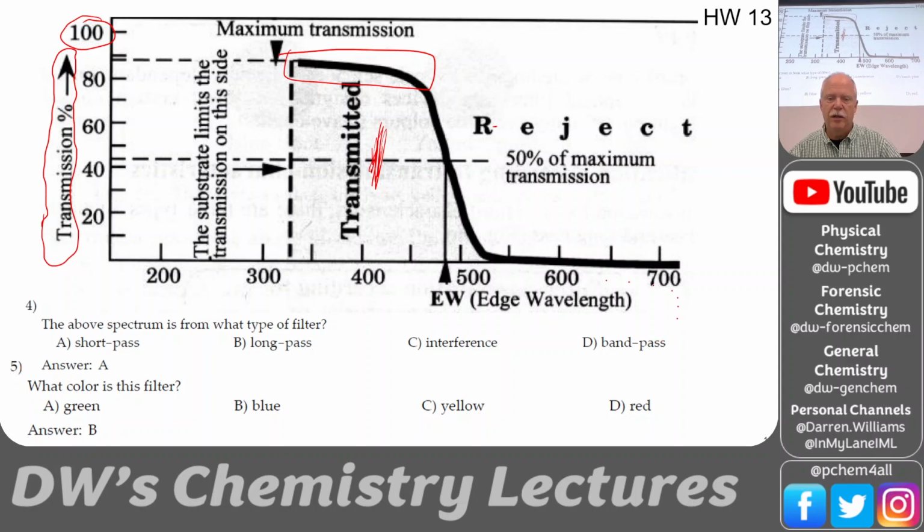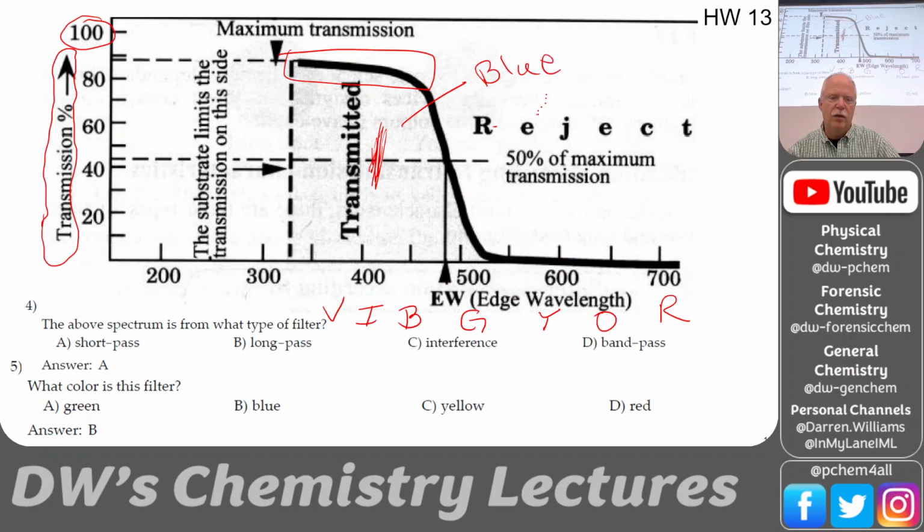And then you can look at your spectrum, if you're looking at wavelength, then it's red, orange, yellow, around 600 yellow, green, blue, indigo, violet. So there's your ROY G BIV. And this edge wavelength is right here between the blue and the green. And so only blue light is transmitted.